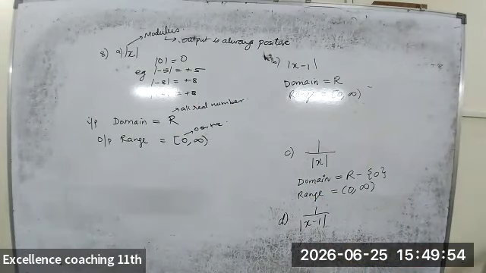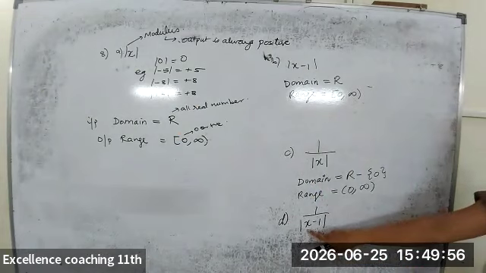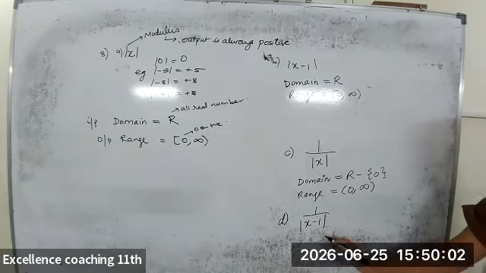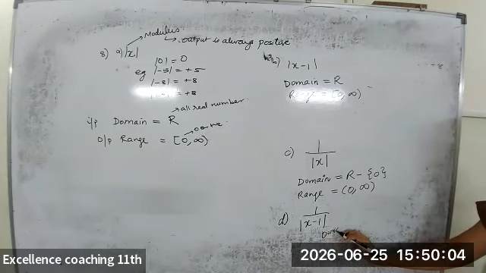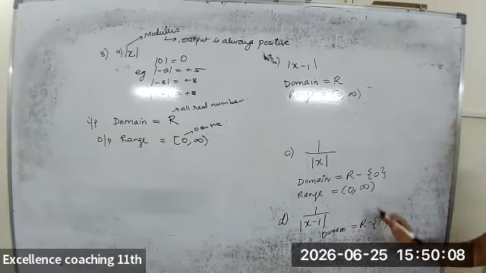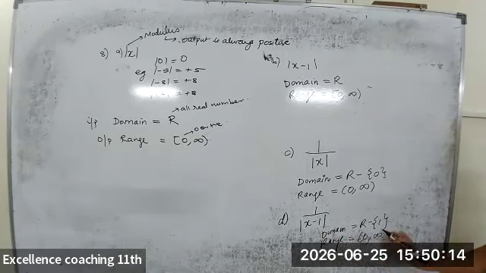All real numbers except which number will make the denominator 0 now? Which number should I not give? Plus 1. If I put 1, the denominator will become 0. So the domain will be all real numbers except 1. The range will be the same now. If it is in the denominator, it will have a round bracket: all positive values. 0 will not be there.